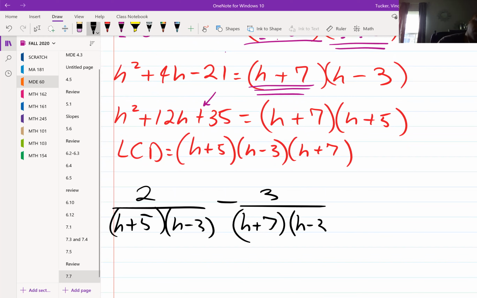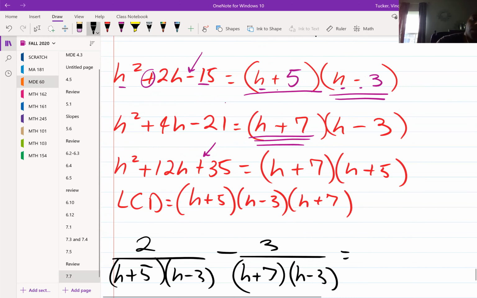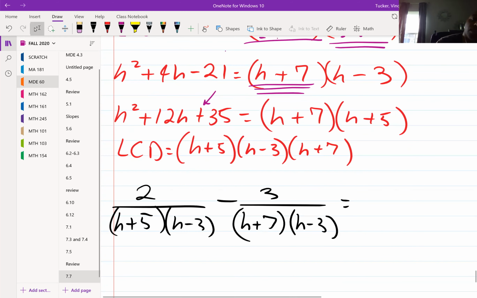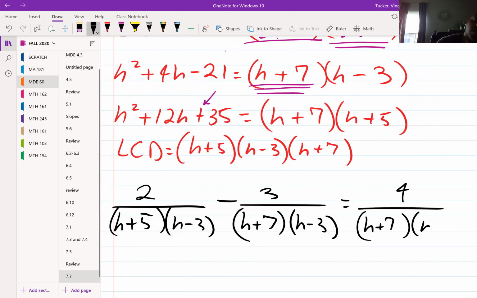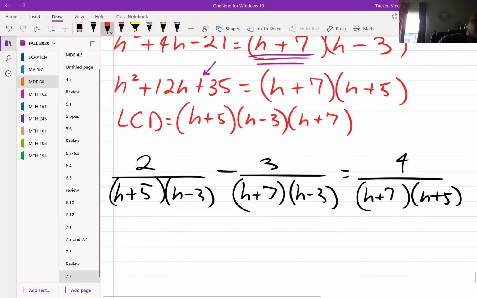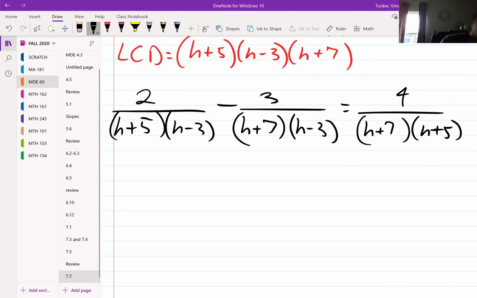And then, like you said, multiply each numerator. I'll just do it down here. I tell you, it takes up a page.